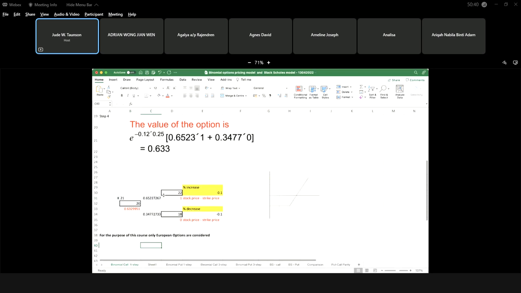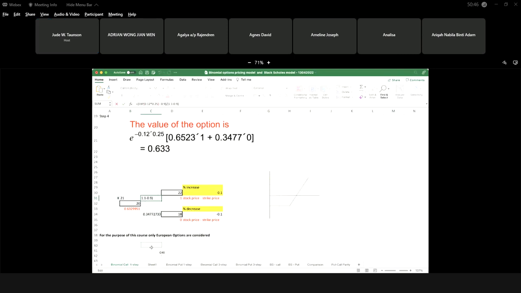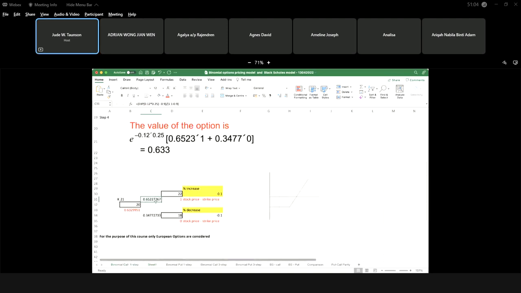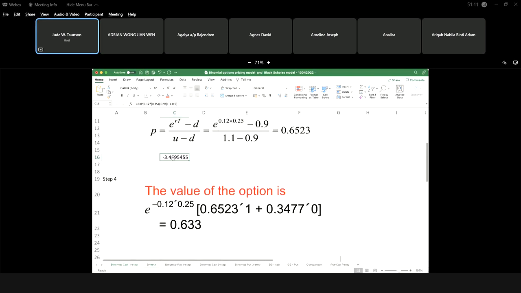Wait, wait. Okay, so I need to change the formula. We use 0.25, senang sikit. Still okay. What's the problem here? Let me check the formula again. Oh, it's a bracket, yeah. Okay, bracket.